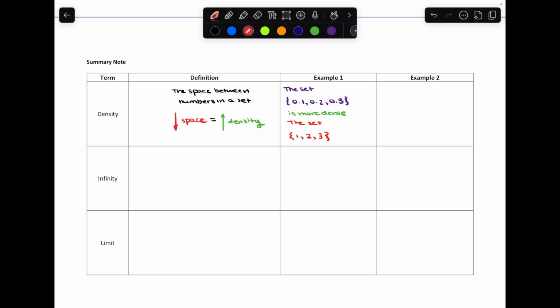And so here, if we look at our definition, the less space there is, the greater the density. So here we see that between 0.1 and 0.2, there's a difference of 0.1, versus the set 1, 2, and 3, between 1 and 2, there's a difference of 1. So again, the less space there is, the greater the density.